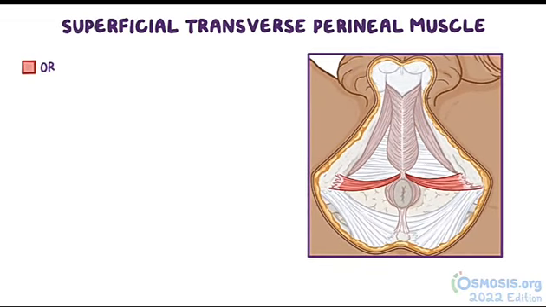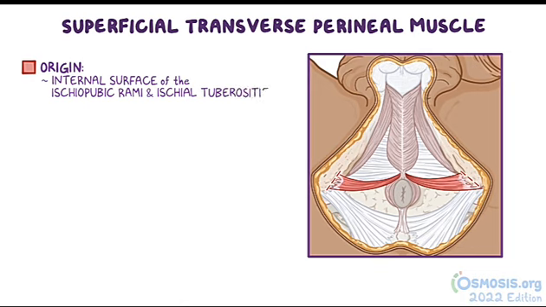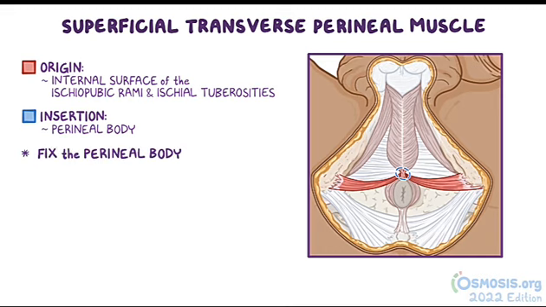The muscles originate from the internal surfaces of ischiopubic rami and ischial tuberosities and insert into a fibromuscular mass that lies in the middle of the perineum, called the perineal body. These muscles support and fix the perineal body, which in turn supports the pelvic viscera.